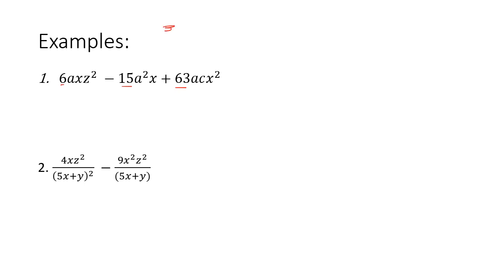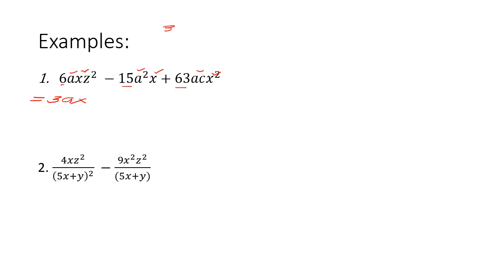So you could factor out 3, right? Then you need to put an equal sign here. So this is equal to 3, and then we could factor out a because it has a for each term. You could factor out a and you could factor out x, right? Because there's x for each term.